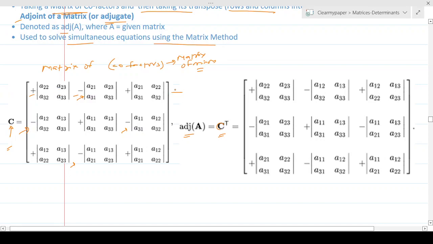So this is row 1, and over here row 1 will become column 1. This is row 2, and this row 2 would have become column 2, and this is row 3, which would have become column 3. The rows and columns are interchanged. That's what the adjoint of a matrix is all about.